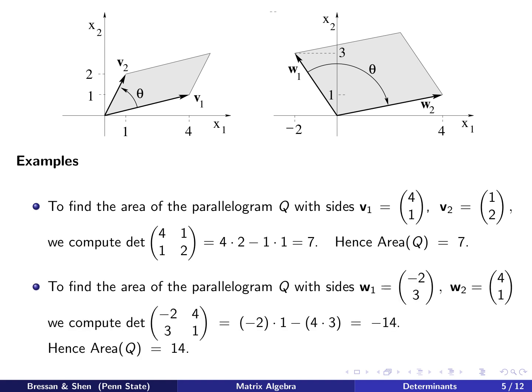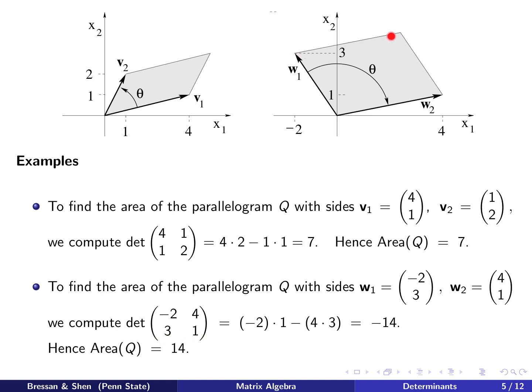Now let's consider two other vectors. One we call w1, which is (-2, 3), so in this graph it's pointing that way, and w2 is (4, 1), which is like that. This is the first column, and that's the second column of the matrix here.